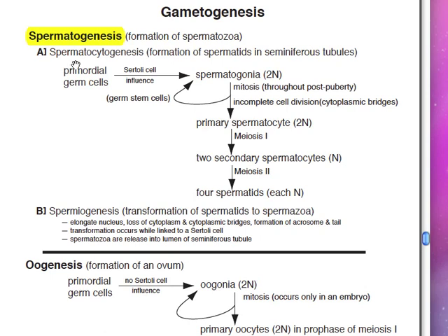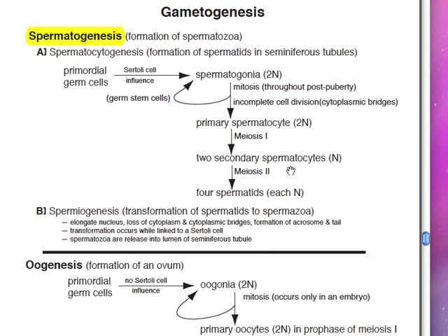Following puberty, spermatogonia give rise via mitosis to primary spermatocytes, and this is a continuing process ongoing in the sexually mature male. The primary spermatocytes then, which are diploid cells, undergo meiosis 1 and produce haploid secondary spermatocytes.